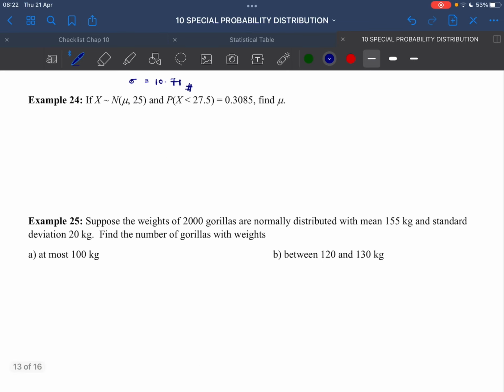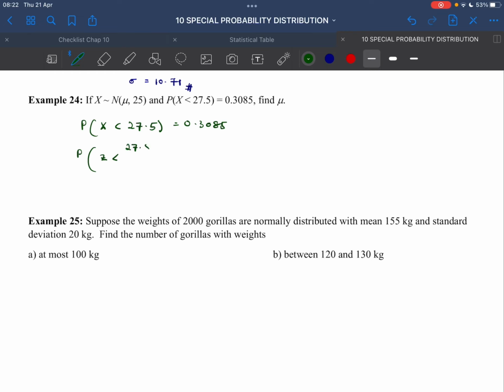We have the normal distribution with the variance given to us, and P(X less than 27.5) equals 0.3085. Like before, we have to change this to standard normal distribution first. So let me quickly write P(X less than 27.5) equals 0.3085. We change to standard normal distribution, or z.